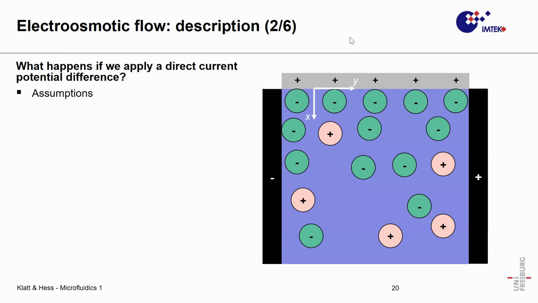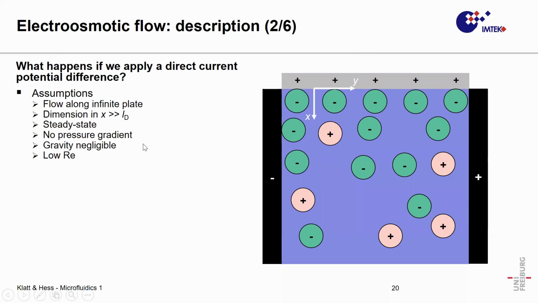To do so, we come back to very familiar equations, but let's start first with the assumptions that we have to make to continue with the calculation. So we assume that it is a flow along an infinite plate and that there's liquid in the direction perpendicular to this plate.